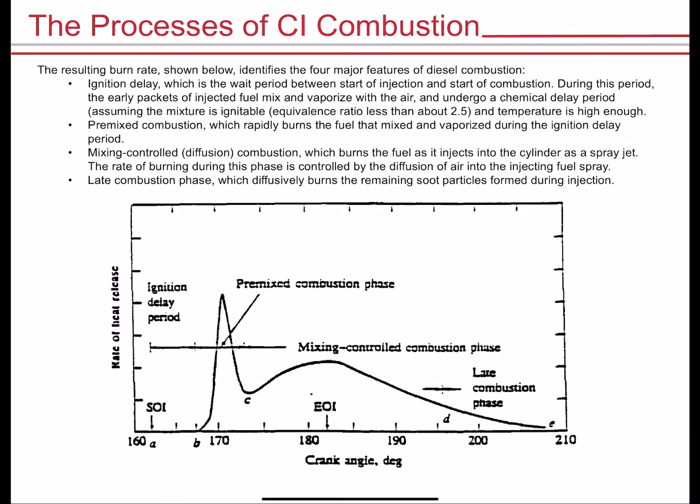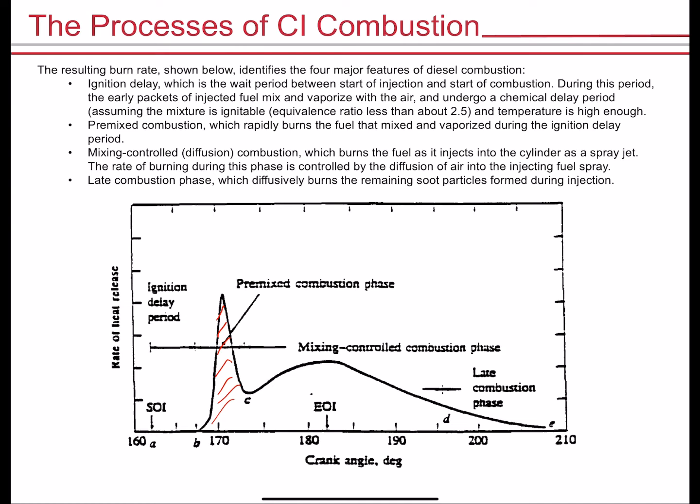Okay, so this is a close-up of that diesel burn rate that we showed 2 slides ago. And now you can much more definitively see this premixed combustion phase, right? This is consisting of all the fuel that had undergone the physical and chemical processes prior to the ignition period, right? Prior to the ignition point.